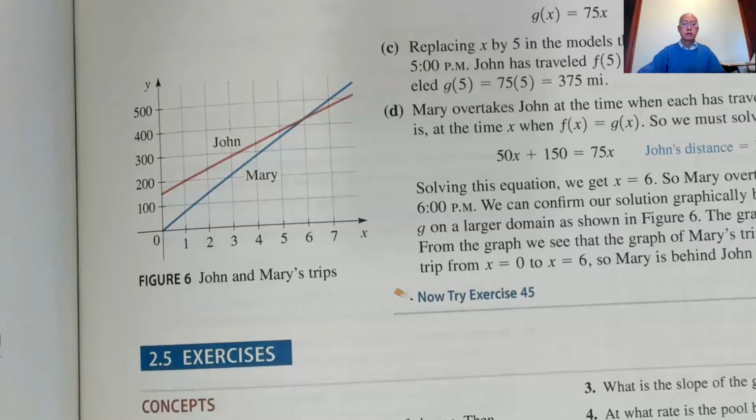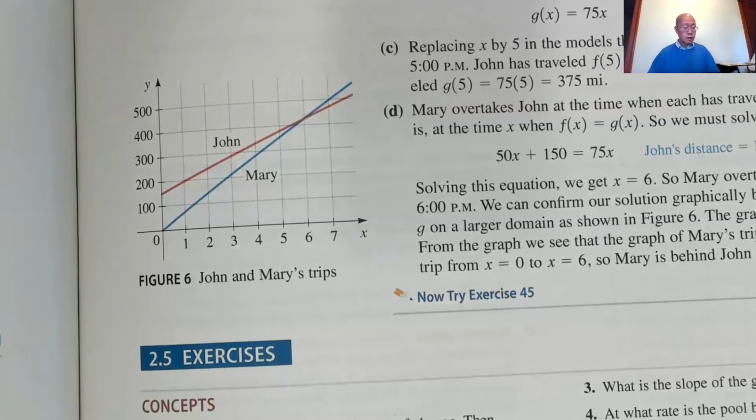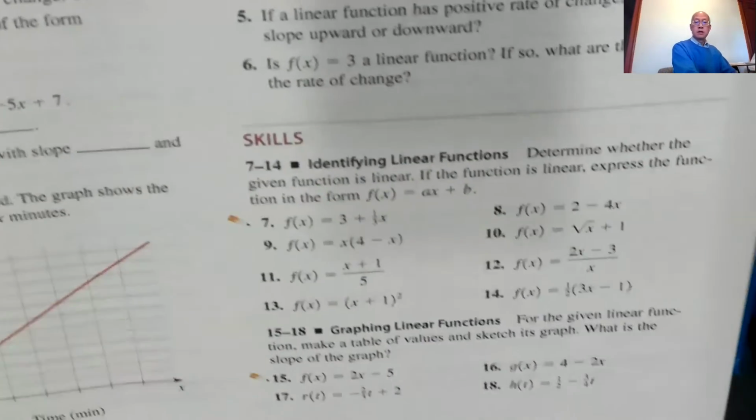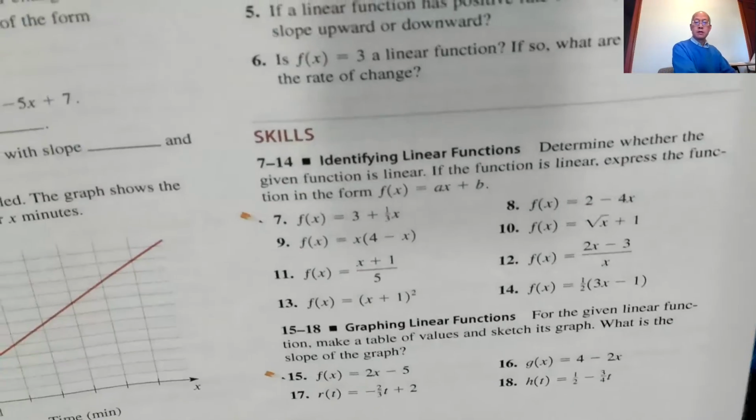This is section 2.5 on linear functions, straight lines. So most of this should be review. Have 7 to 43 odd. So we're on page 231, looks like. 7 through 17.